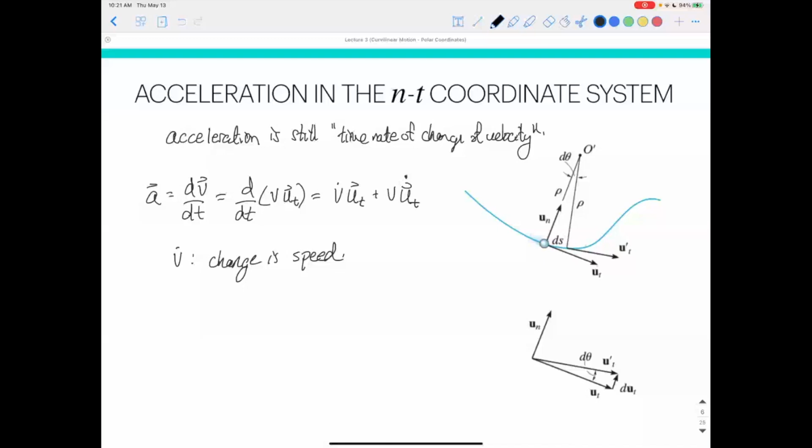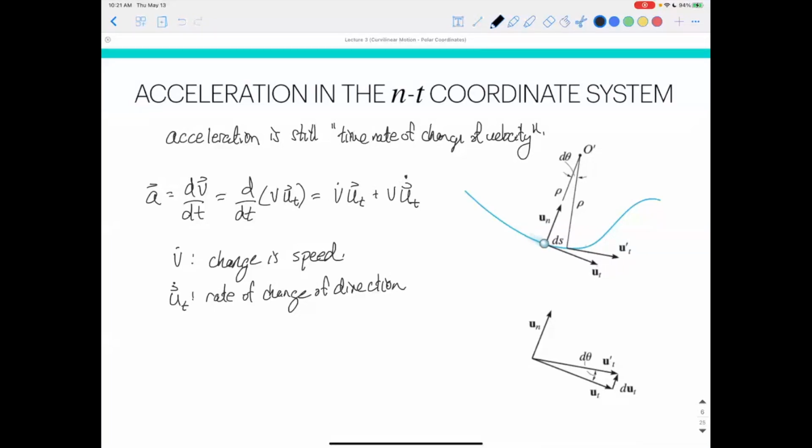And then u_t dot represents the rate of change of the direction. So how do we actually calculate the rate of change of direction?